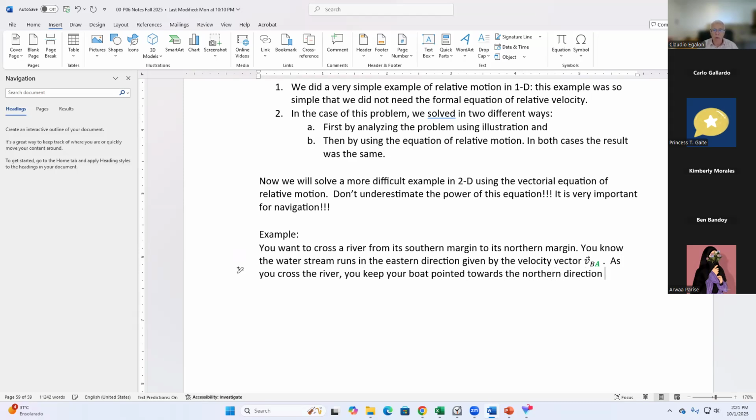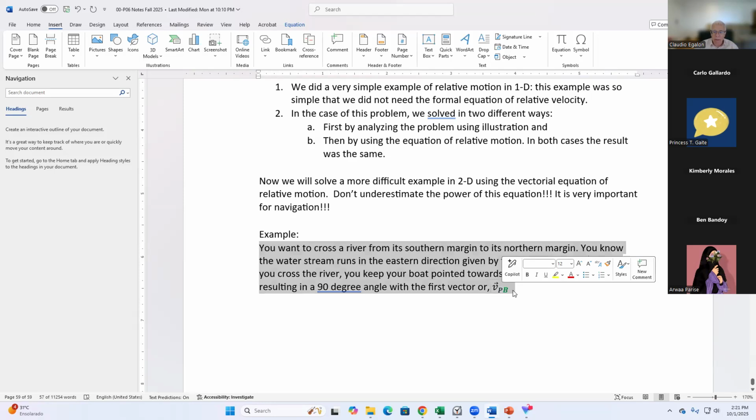What does it mean? Resulting in a 90-degree angle with the first vector, VPB. P refers to the boat, right?